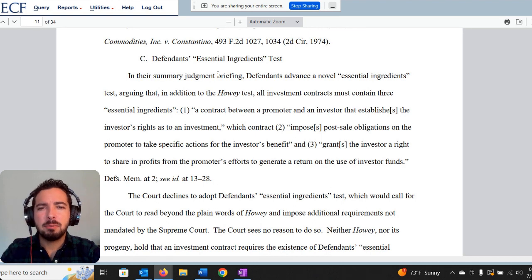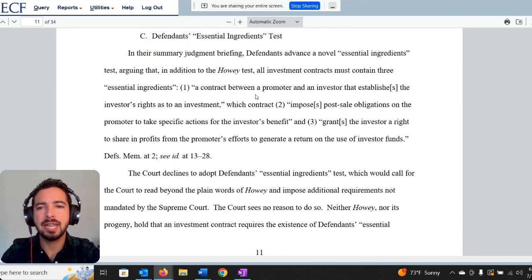In their summary judgment briefing, defendants advance a novel, meaning new, not book, a new essential ingredients test, arguing that in addition to the Howey test, all investment contracts must contain 3 essential ingredients.